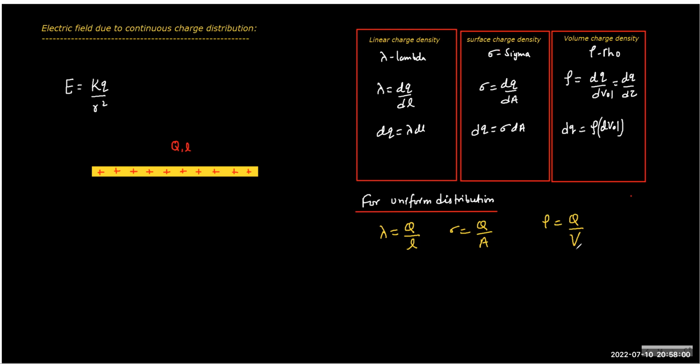Okay. So here we have uniform distribution, needless to say. And what you are supposed to find? The same thing. Can you find the electric field at a point P? The point P is at a distance R from the center of the rod.